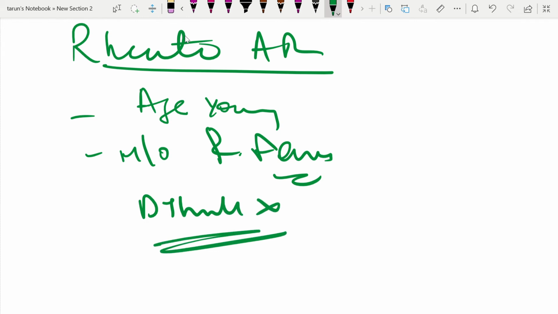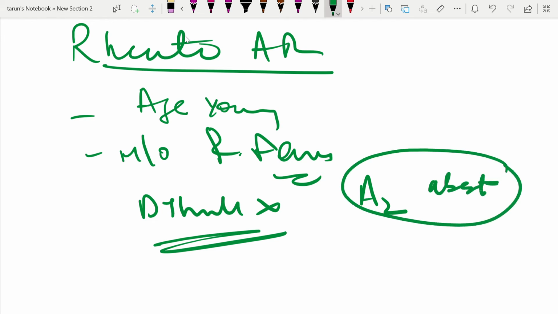A2 is diminished or absent. Peripheral signs are present. The murmur is best audible in the left third intercostal area, blowing in character. These are the features of rheumatic aortic regurgitation.